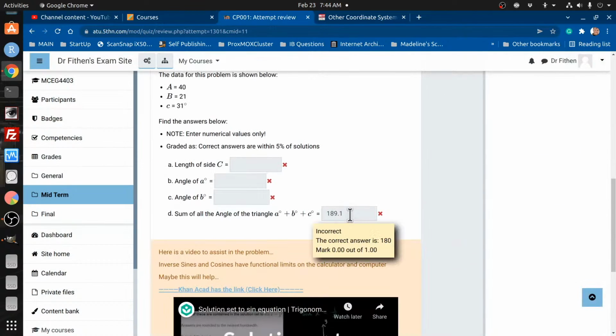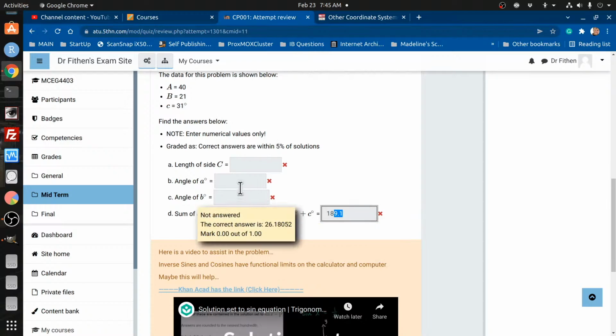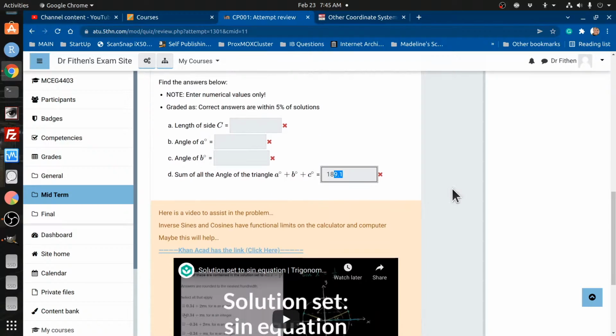So now it's wrong. So 10% of 180 is 18, half of that's 9. So 5% of 180 is 9. So when I put in 189, it was okay. It was within that 5% and less. When I did a point 1, that moved it 9.1 or a little bit greater than 5%. So you have a little bit of buffer zone here.